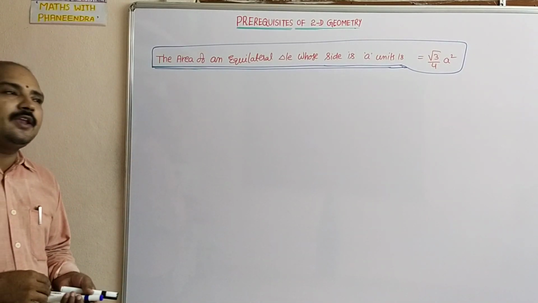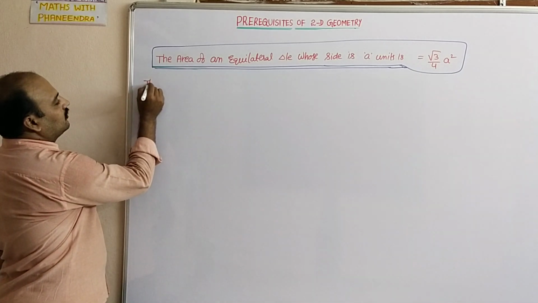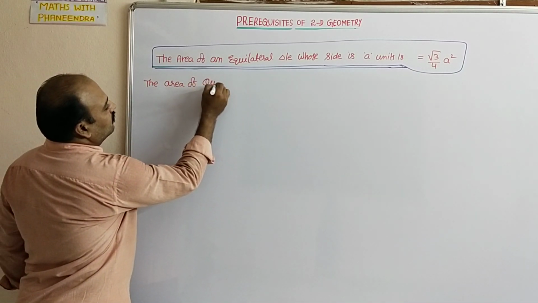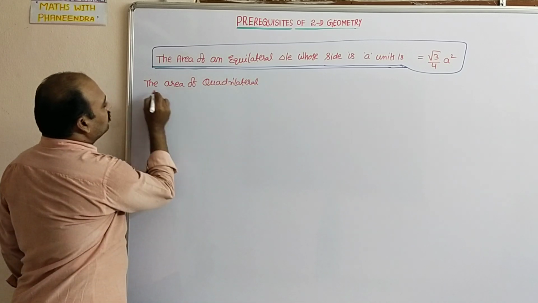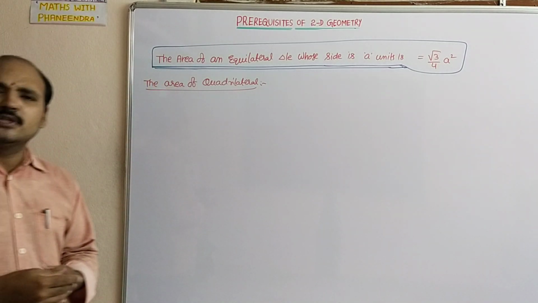Next, the area of a quadrilateral. Here also, two to three formulas will be there.